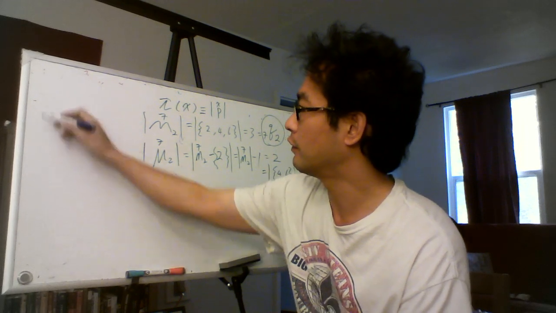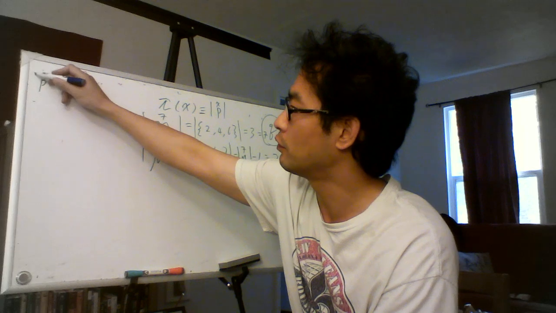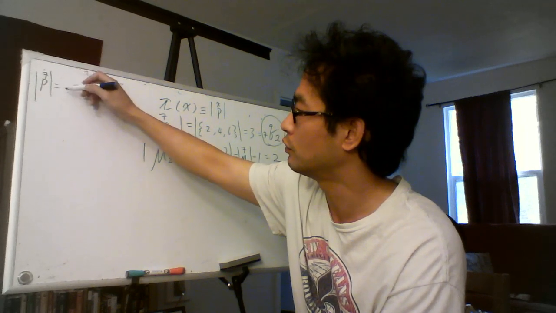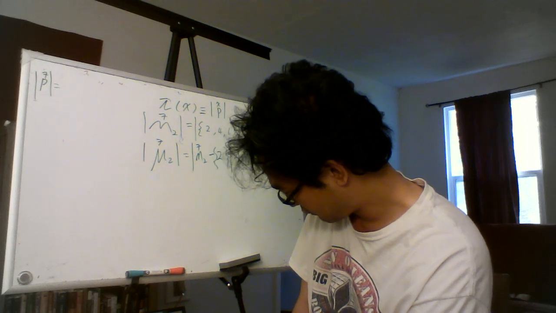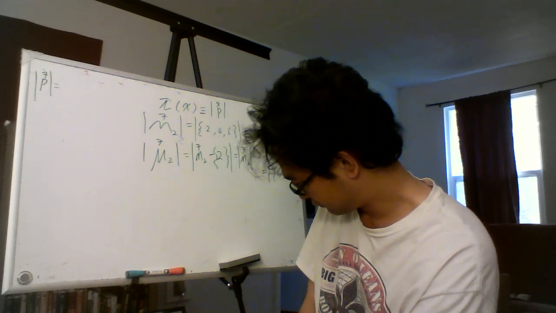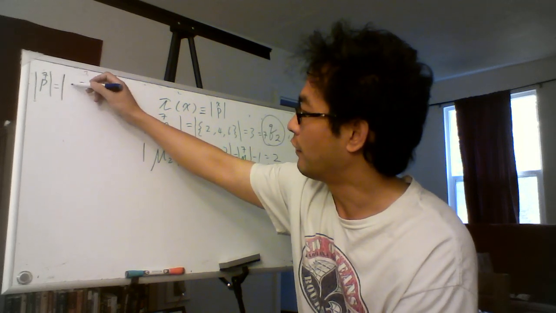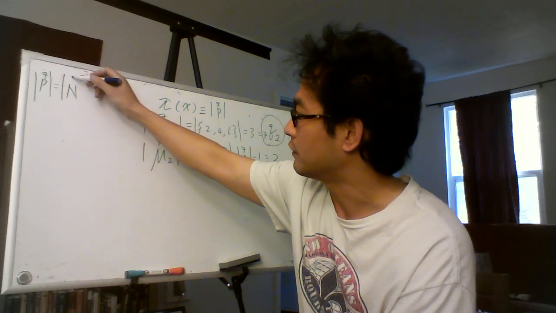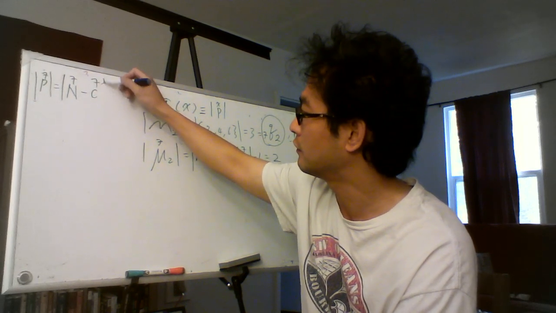So we have up here the absolute value of P7 is equal to the absolute value of N top 7 minus C top 7, right?